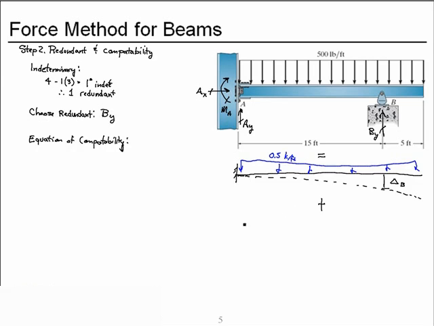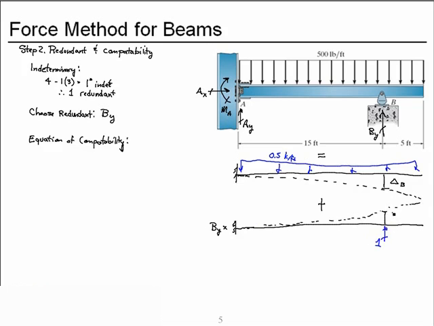We're talking about a superposition of loadings. So again, I have the primary structure, but in order to get back to the original, we're going to take BY and amplify the response of this cantilever when we have a unit force act at B. And that will give us a deflected shape that looks like such.